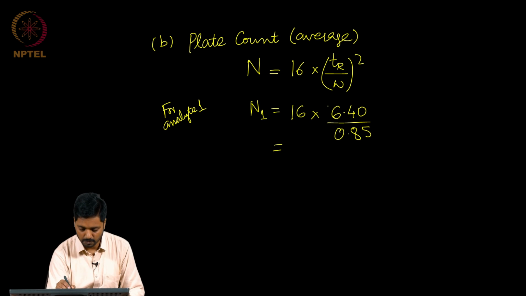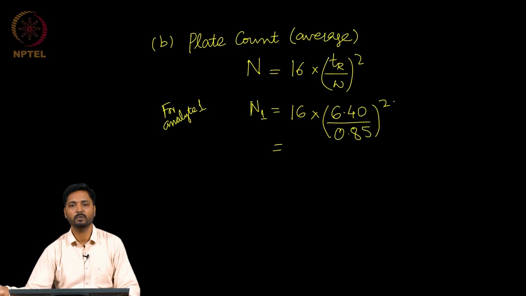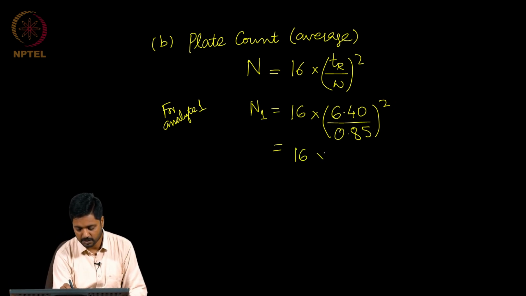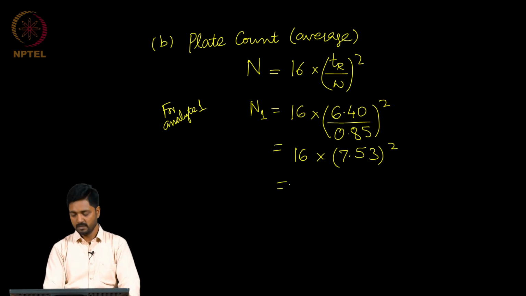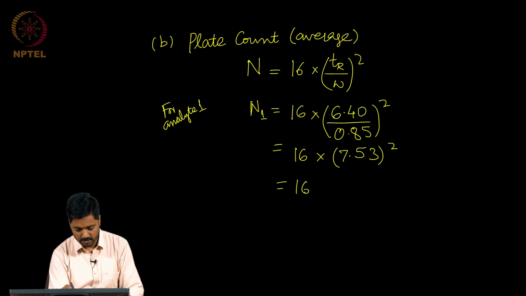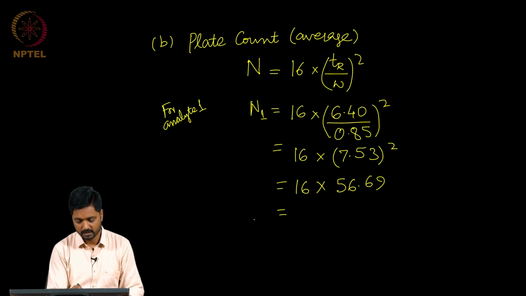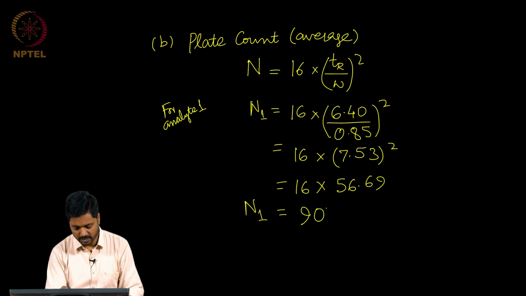By the way, this whole has to be squared because that is what the formula requires us to do. So, this solves out to 16 into 7.53 squared, and finally, this is solving out to 56.69 into 16, and the N1 value comes out to be 907 rounded off.